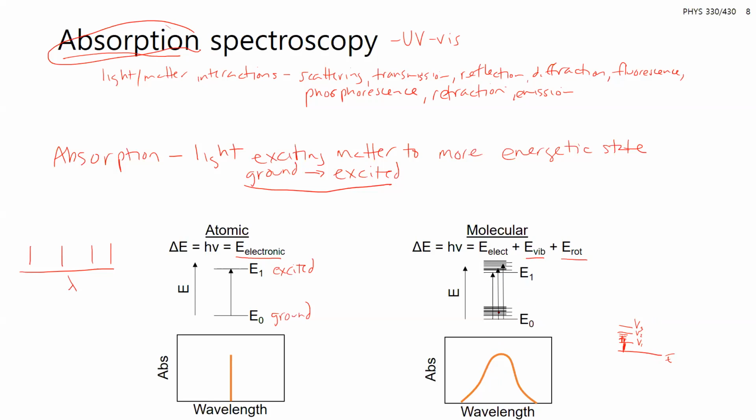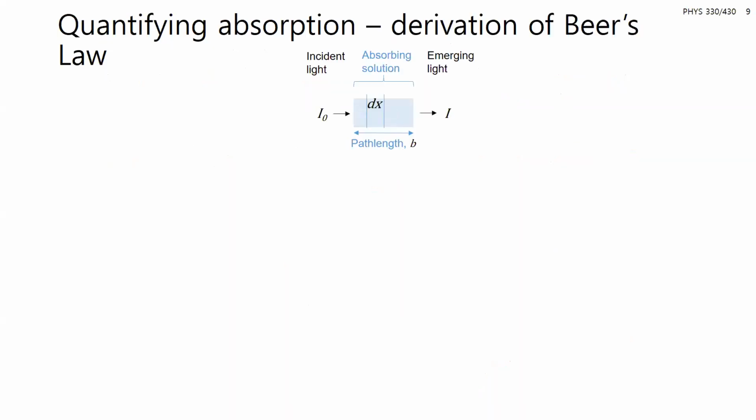But because there are these additional energy levels, you have quantized energy levels, but within the single ground electronic state, you can excite to different vibrational and rotational energy levels. That causes your absorption to broaden out, so you have a band spectrum as opposed to the discrete peaks with an atomic sample versus a molecular sample. And key to UV-vis and how it's used most often is calculating concentrations.